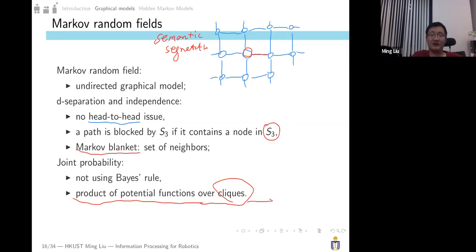Okay, these are the overall properties. By reading this page, you may have several questions already, right? So why there is no head-to-head issue, what is Markov blankets, what is a potential function, and what is a clique? You just carry these questions, and then we can go to the introduction.